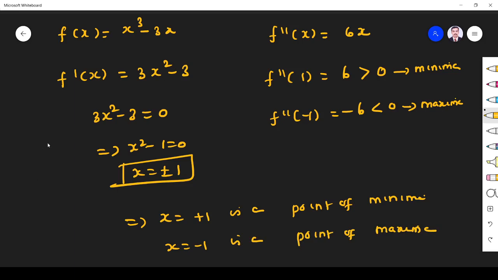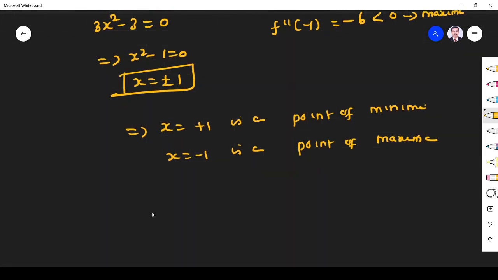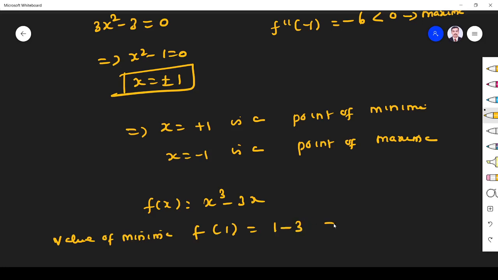Fine. So what is the value of the minima and maxima? We have to substitute and find the value. We know f of x is equal to x cube minus 3x. So the value of minima occurs at x is equal to plus 1. So 1 minus 3 is equal to minus 2.